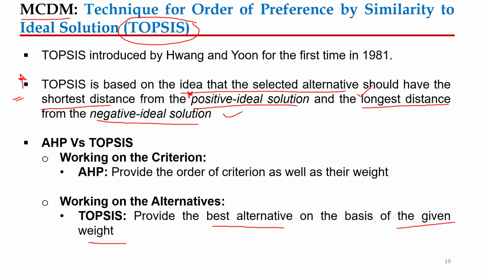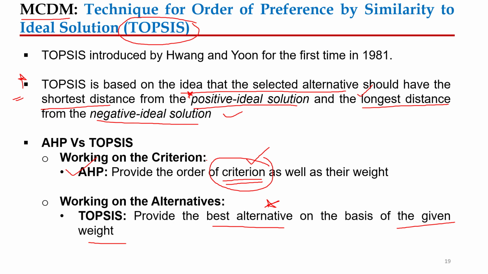Usually, in order to apply TOPSIS, we need to give weights to the criteria based on which we are going to select the alternatives. To give weights to the criteria which we have selected, we can use the AHP technique, the analytical hierarchy process, or we can use the best worst method as well.